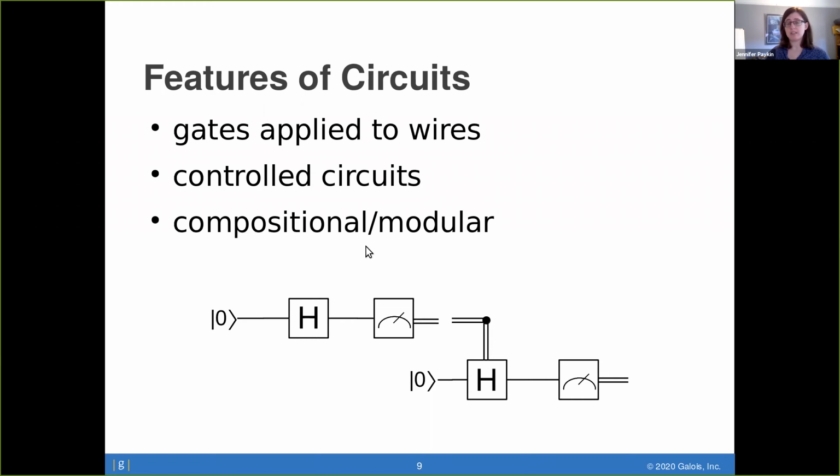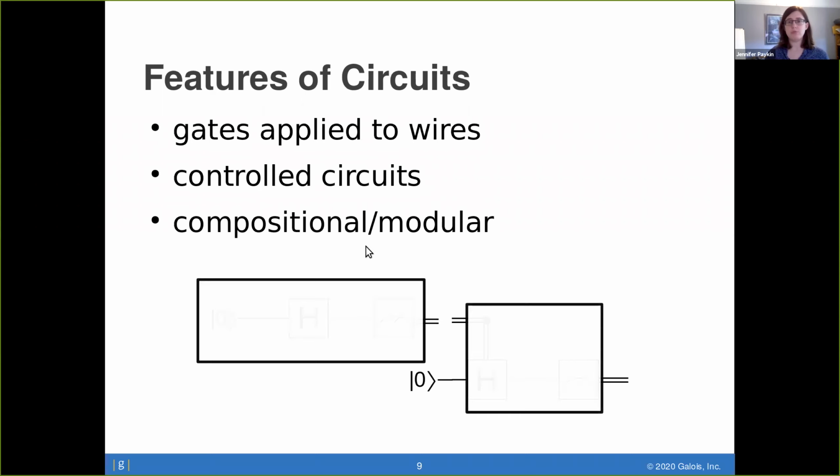Circuits should be compositional. That just means that if we have two components and they have the correct interface to be plugged together, then we should be able to plug them together so that we can build up larger programs out of smaller ones. Seems pretty straightforward.